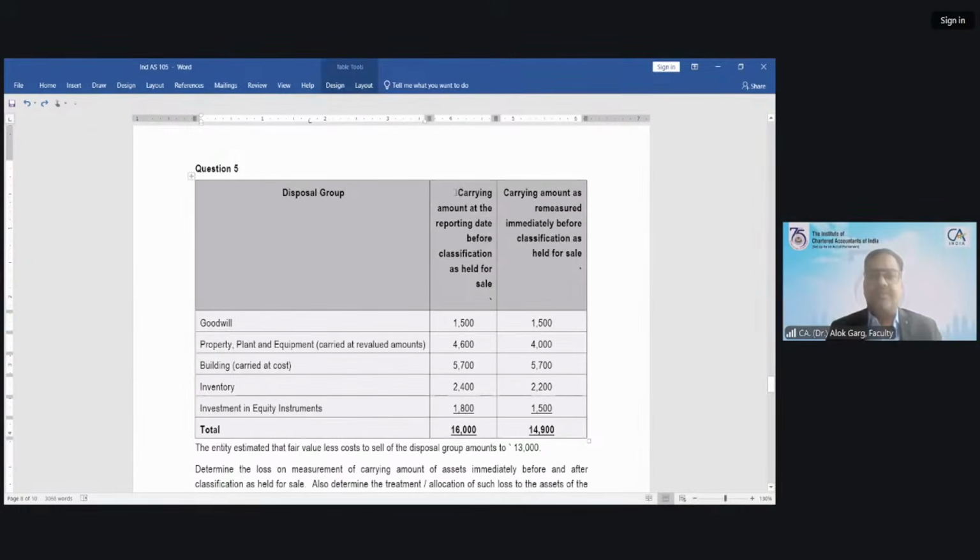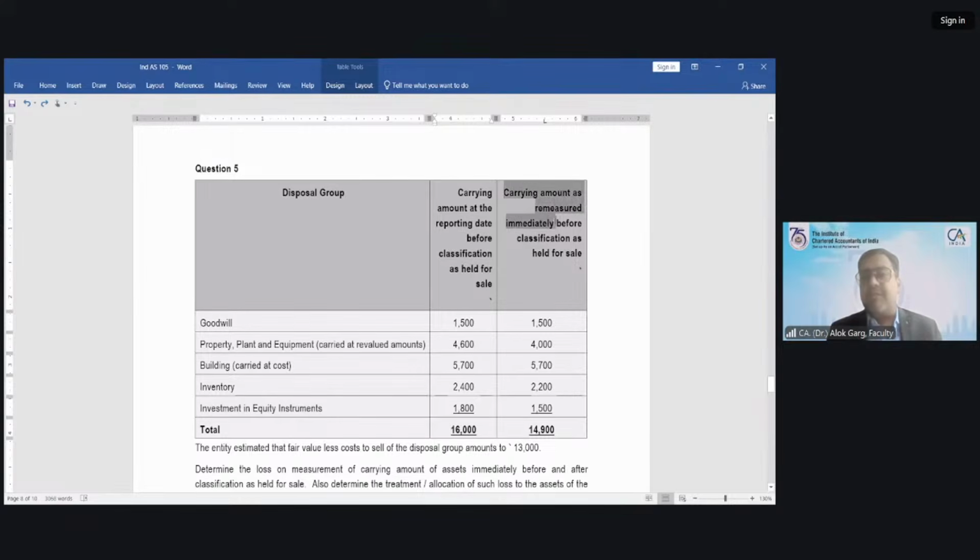Disposal group. Carrying amount at the reporting date before classification as held for sale: goodwill, PPE which is carried at revalued amounts, building carried at cost, inventory, investment in equity instrument. 16,000 is the value for this group of assets.